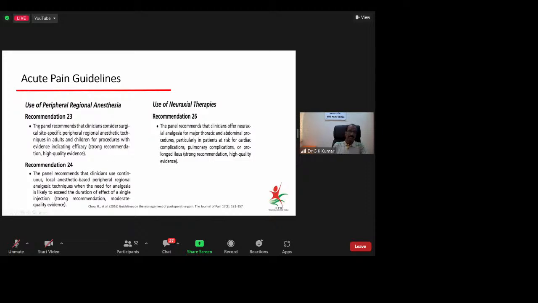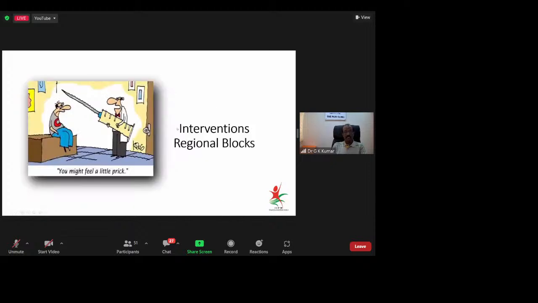They recommend using peripheral regional anesthesia, which has a strong, high-quality recommendation. Peripheral regional continuous techniques can also be used to prolong pain relief as far as possible. Neuraxial therapies, whenever possible, can be complemented in multimodal analgesia.